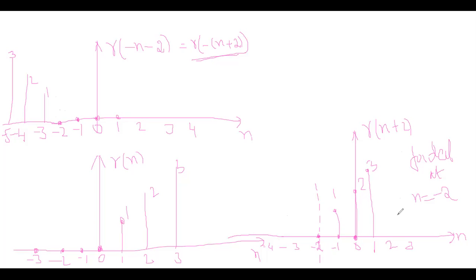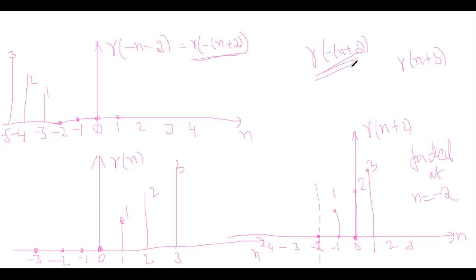Okay, so R of n plus 3, R of minus n plus 3 means where you have to fold: in R of n plus 3, the folding occurs at minus 3 to get R of minus n plus 3. Understood, my dear students? R of n, R of minus n, folding occurs at 0.